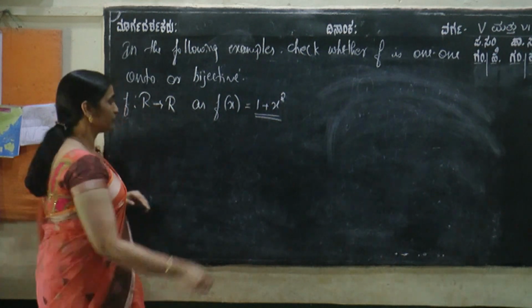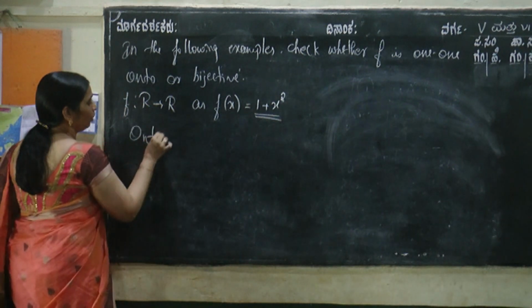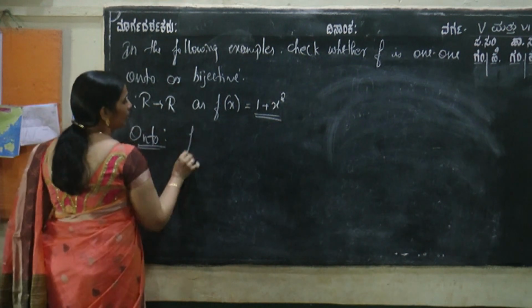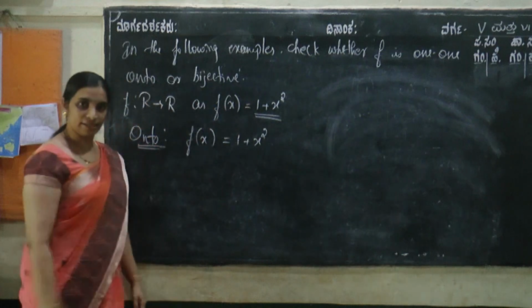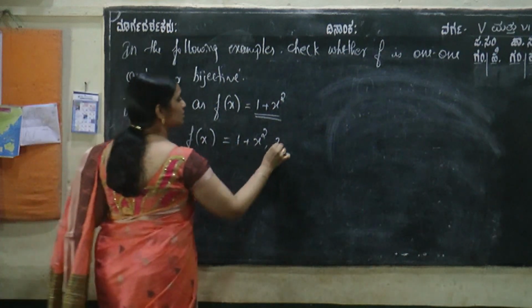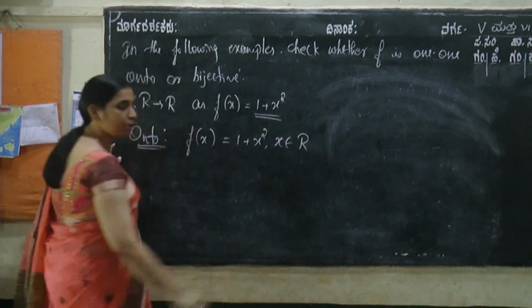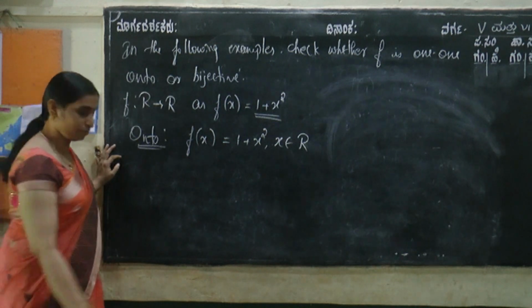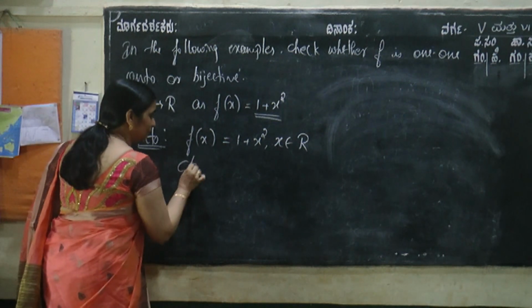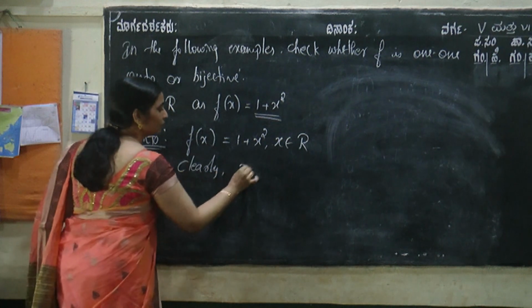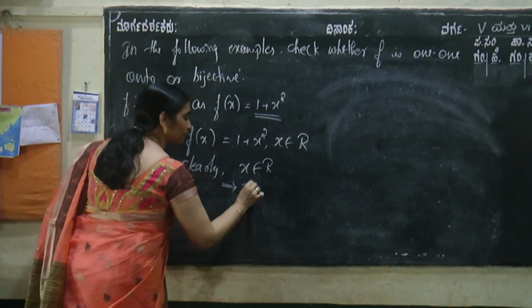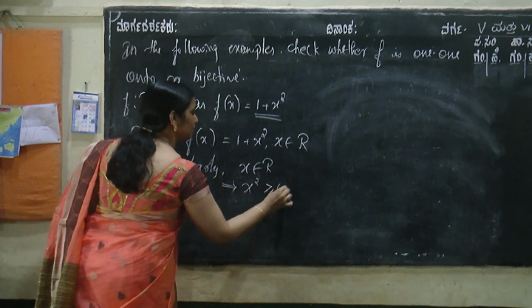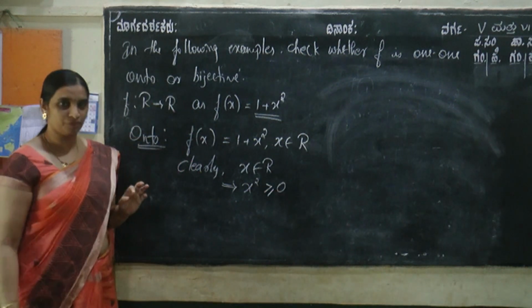For the onto condition, f of x is equal to 1 plus x square, and x is nothing but an element in the domain of the function, that is the set of real numbers. Clearly we can write x belongs to R implies x square is greater than or equal to 0. Right?